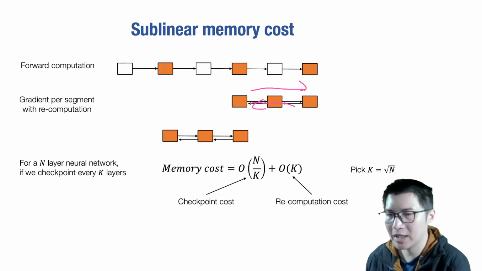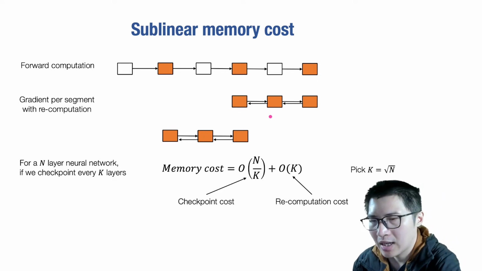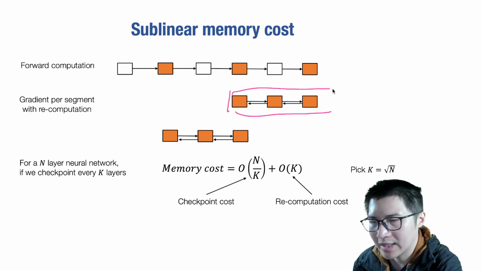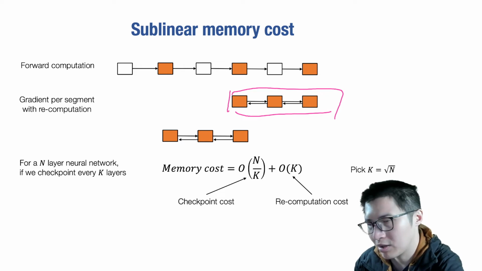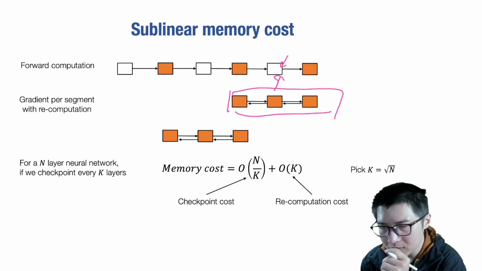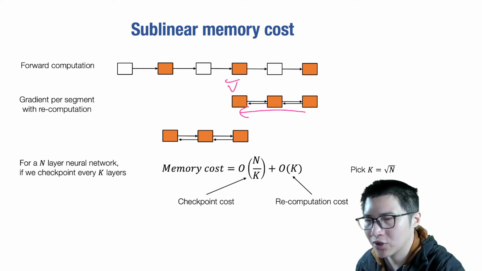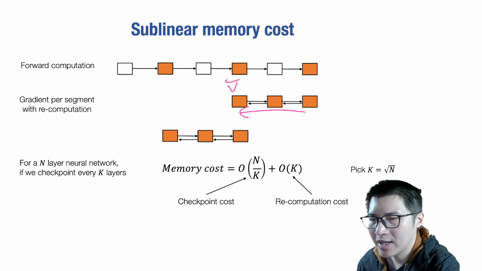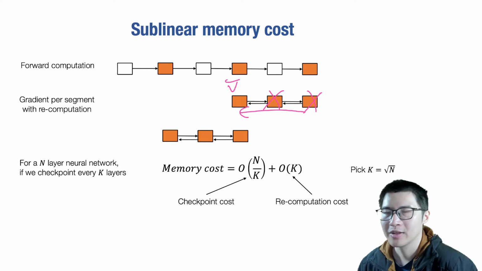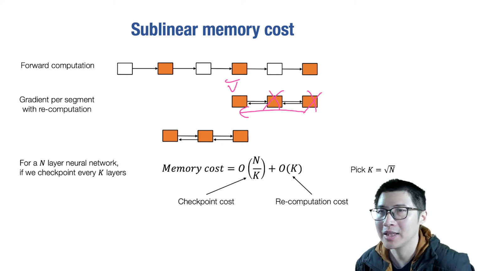That runs this mini forward and backward. One of the things I want to notice is that, of course, we're going to spend memory on running this mini segment because I will need to allocate more memory to be able to fill in the blanks of this deleted node. As soon as I finish this gradient computation and get the adjoint here, I can go ahead and delete the activation memories of the other nodes because they are no longer needed.